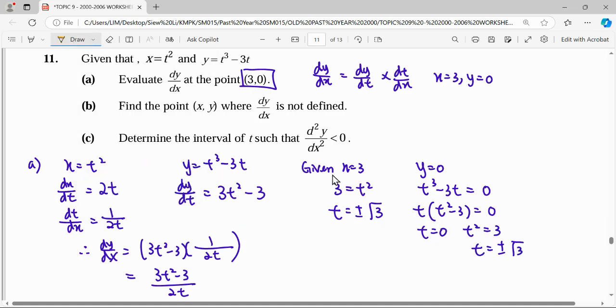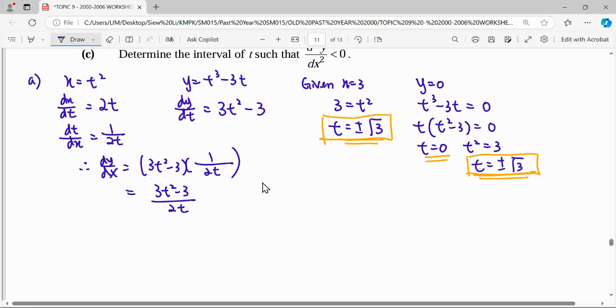Then we can observe that from the value of x we can only get the parameter value t equals positive or negative square root of 3. For the y coordinate, they can give you t equals 0 and t equals positive or negative square root of 3. So to get the same common t, it will be positive or negative square root of 3. Therefore, we use this parameter when t is the square root of 3 and negative square root of 3 to find out our dy/dx.